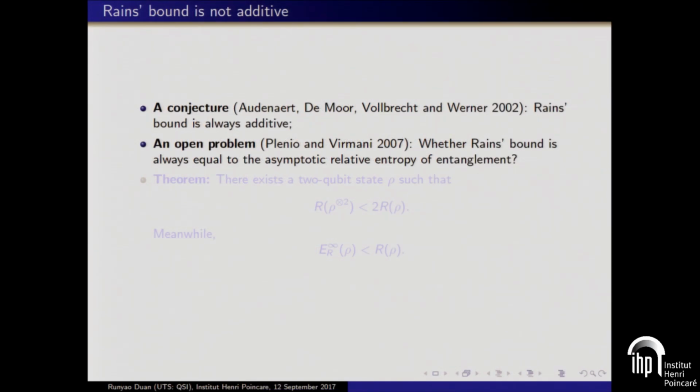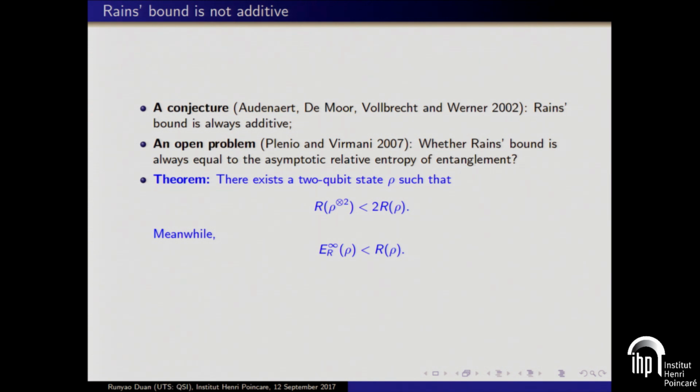So what we have is, for 2-qubit states, we can have 2-qubit states such that the risk bound for 2 copies is strictly less than 2 times the 1-copy value. So it's not additive. That's the first thing.